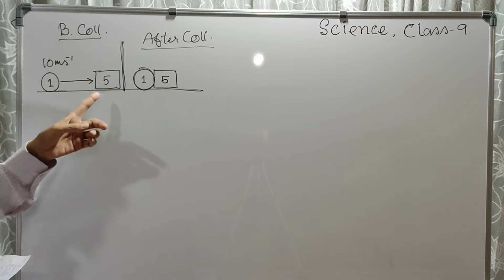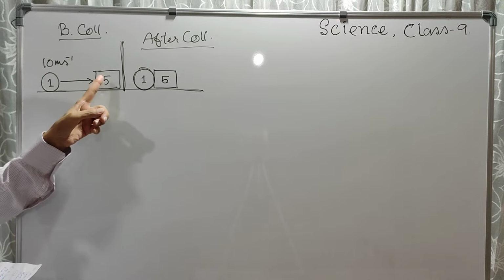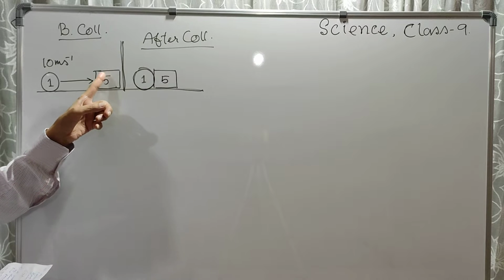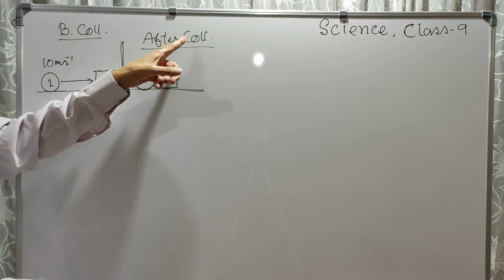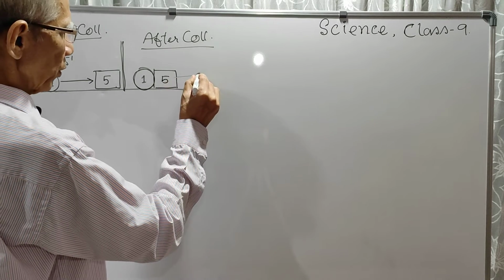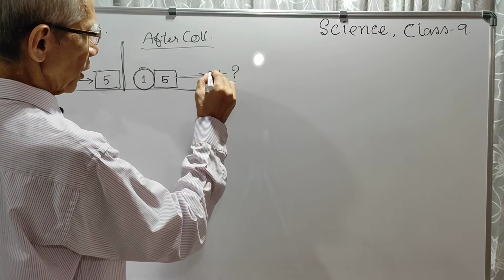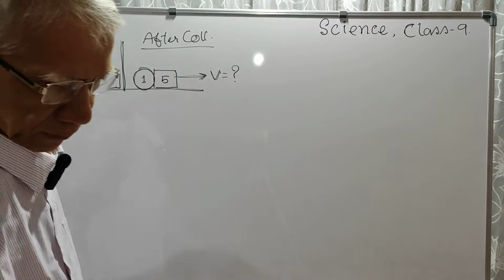Before collision, this was stationary and this was moving at this velocity. So this goes and strikes this. They collide, and after collision they stick together and move forward together. Now what is their velocity? That is the question. You have to find the velocity.